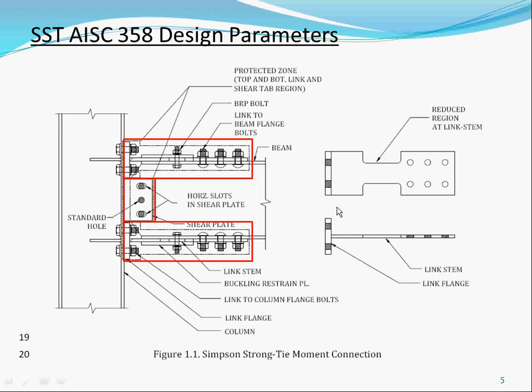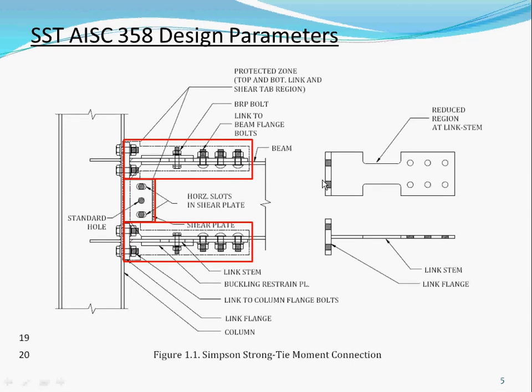So these are some of the terminologies. The BRP bolt is the one that's restraining it, and there's a BRP plate on top restraining the buckling restraint plate from buckling. And then we also have the link and a spacer plate, which we saw yesterday. These were actually all in the code, and we show people what the connection looks like.